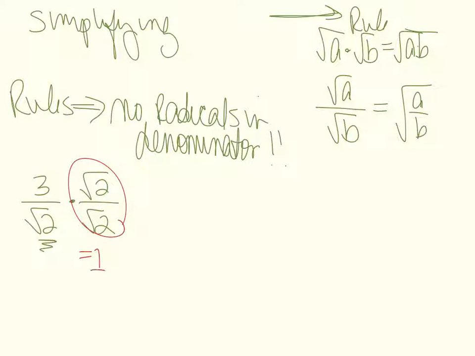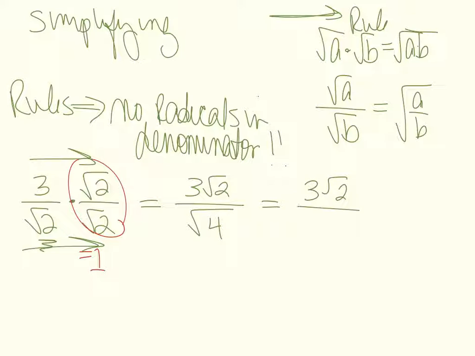So all I'm really doing is multiplying 3 over the square root of 2 times 1, which doesn't change the value any, which is why I'm allowed to do it. So when I multiply, remember, we multiply across with fractions. I get 3 square roots of 2 over square root of 2 times the square root of 2 is the square root of 4. 3 square roots of 2 over, this is a perfect square, 2. And I get my answer.